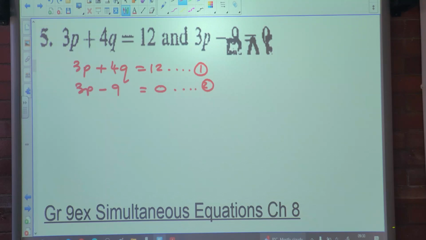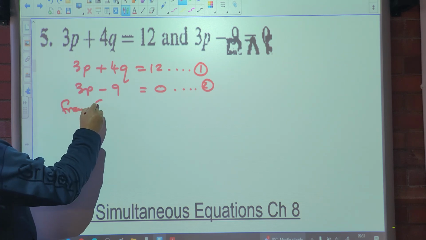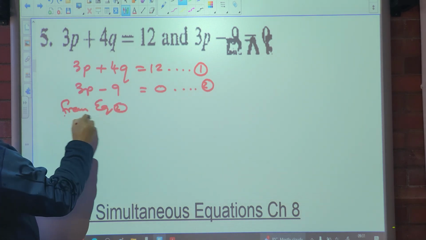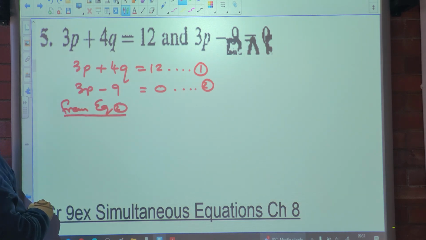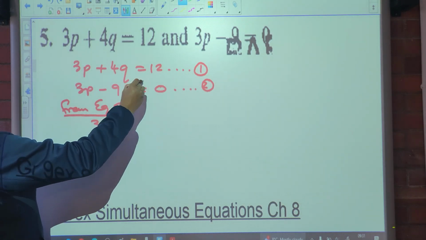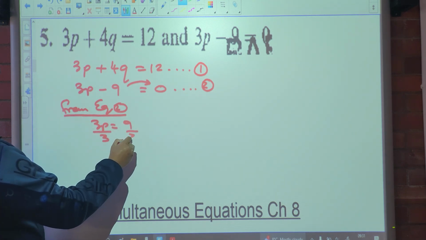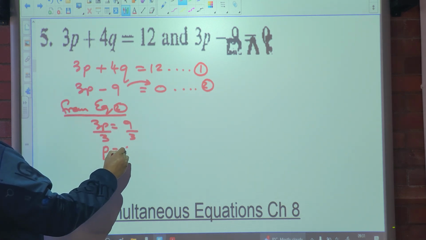Which equation has one unknown? Equation 2. So from equation 2, what do we have? 3p is equal to 9. Divide by 3 both sides. So p is going to give you 3.